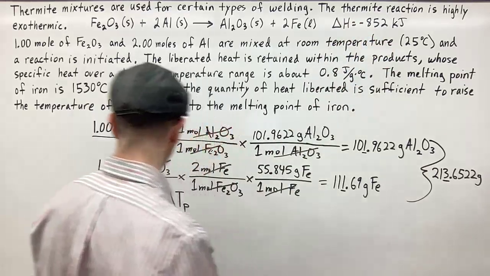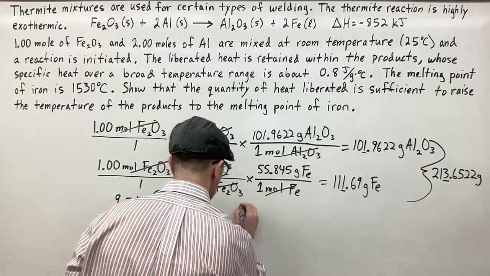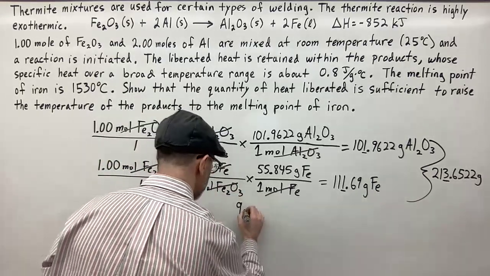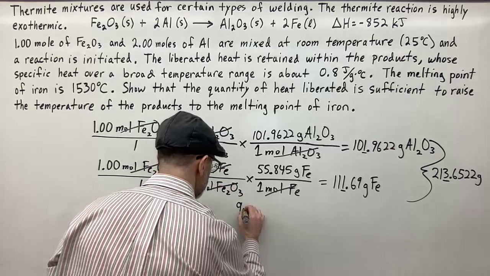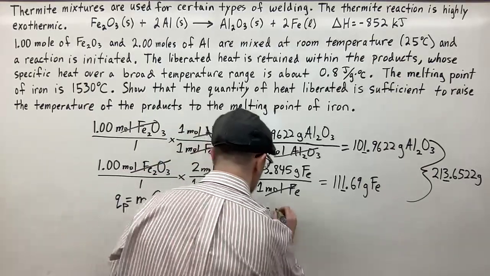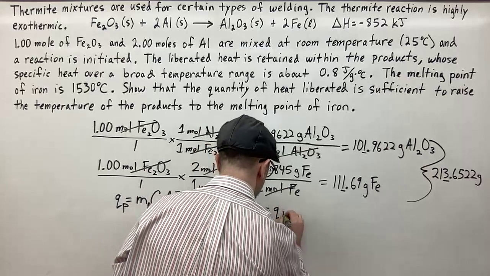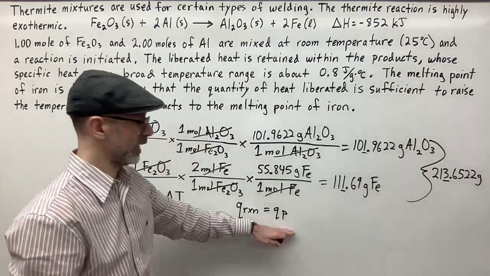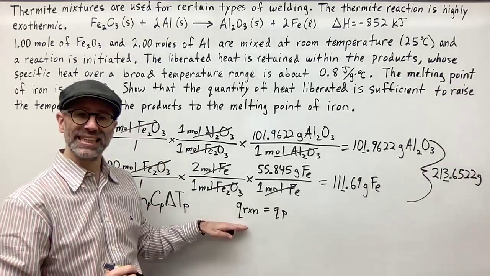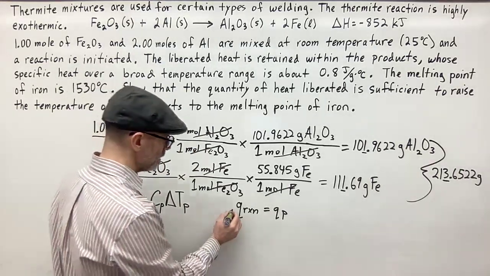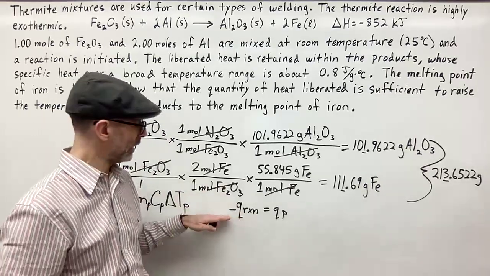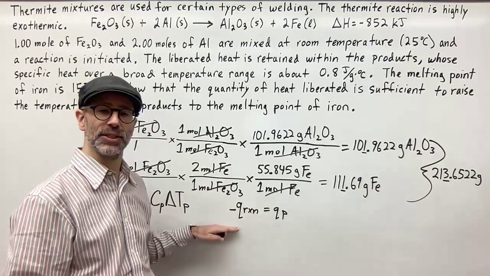So if you remember, Q of the reaction is going to be equal to Q of the products, meaning that the heat absorbed by the products is equal to the heat released by the reaction, except this is going to be negative because negative means release, and these got to be opposite, equal but opposite.